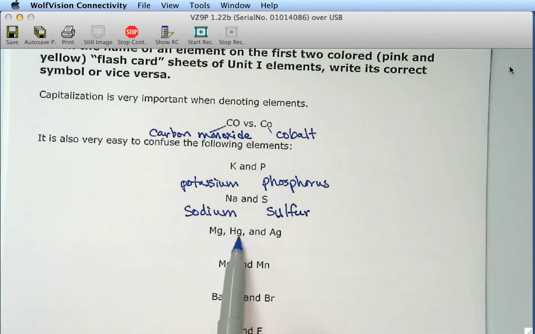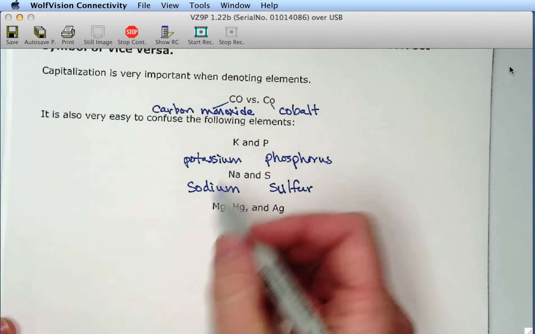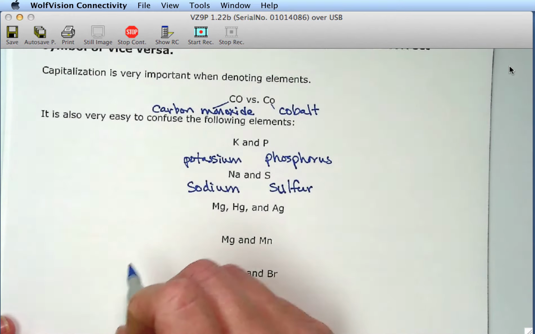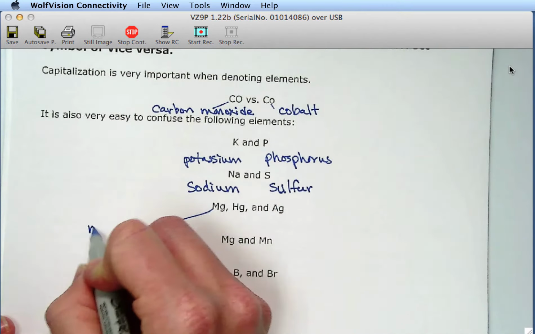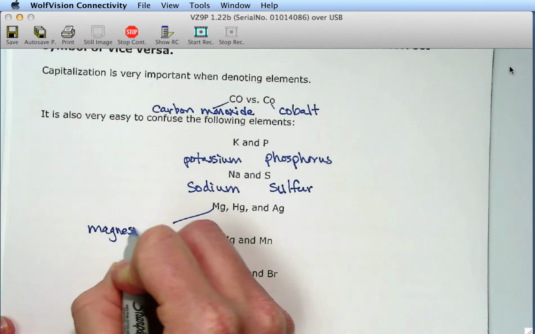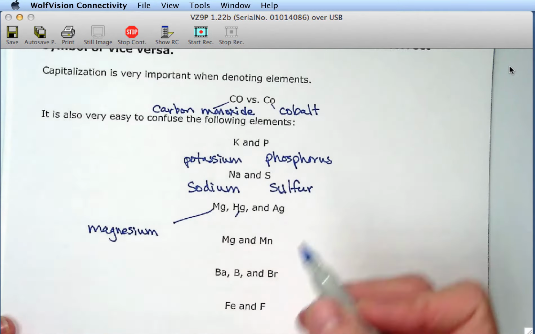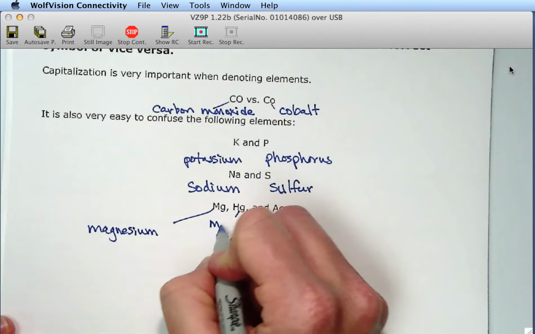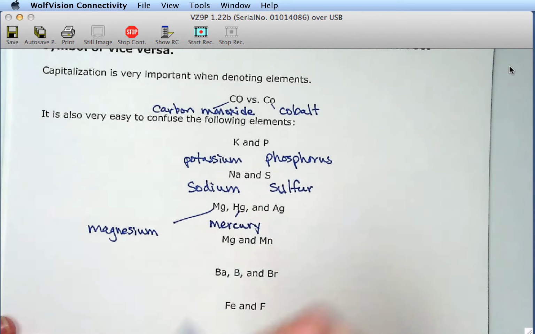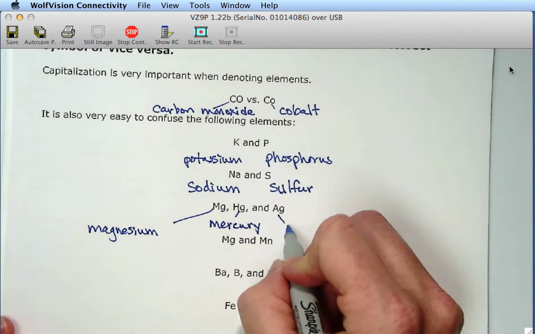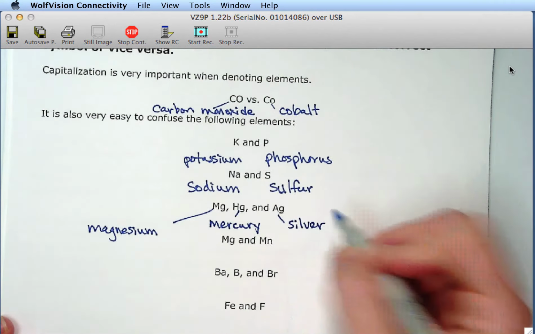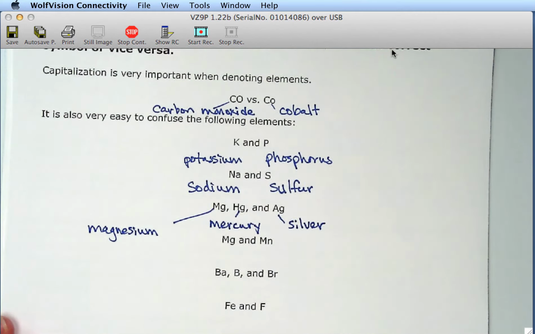Mg, Hg, and Ag. Mg, does anybody know what it is? Magnesium. Hg, mercury. Good. Ag, silver. So we know magnesium here.